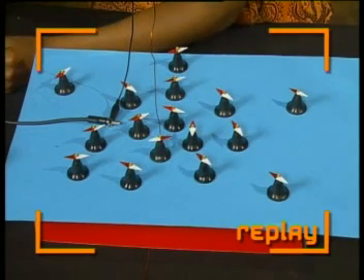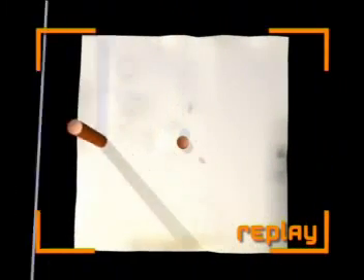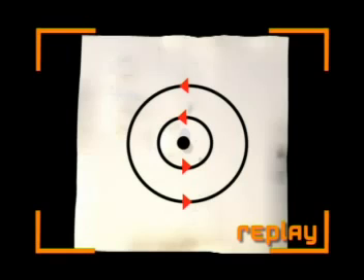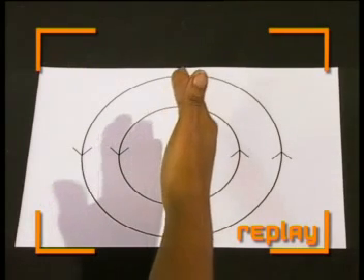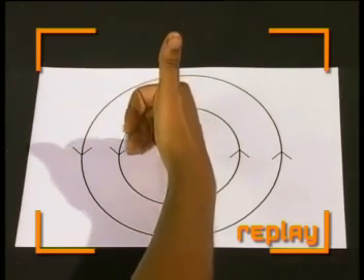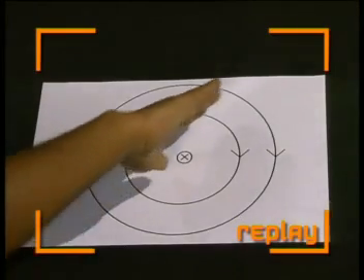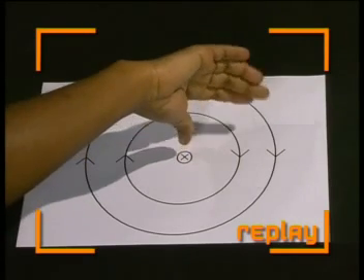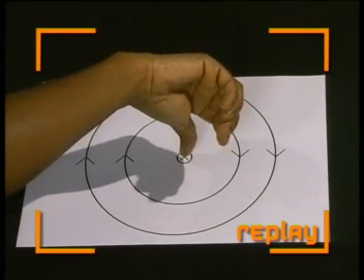We can represent the magnetic field formed by drawing field lines in a circular pattern around the conductor. The direction of the magnetic field can be determined by using the right-hand rule. In this example, where the direction of the field is clockwise, the current moves into the page.